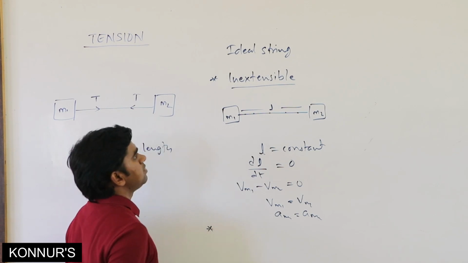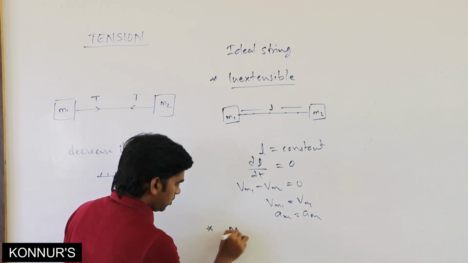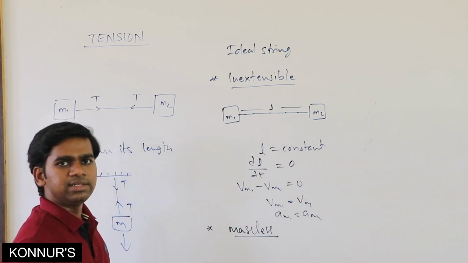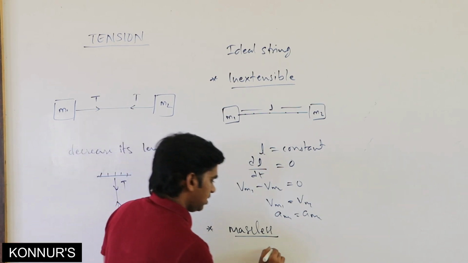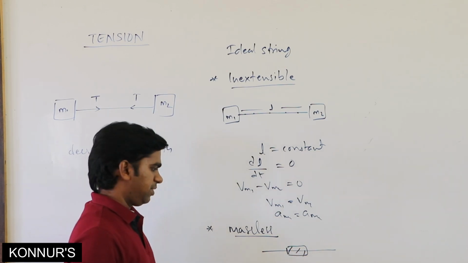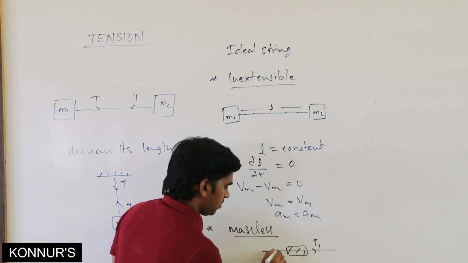The second thing is that the string should be massless. What does massless mean? If this is a string and you take any part of it, what is the tension acting? Suppose on this side it is T1 and on this side it is T2.